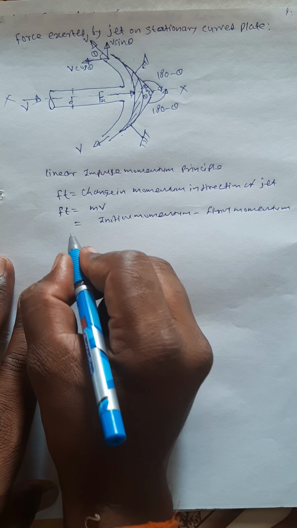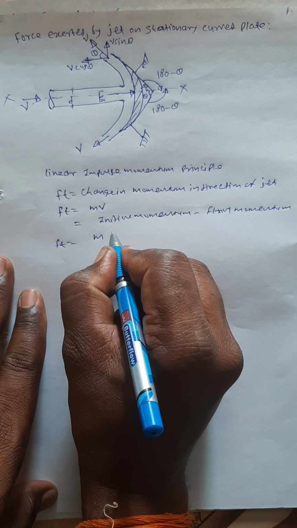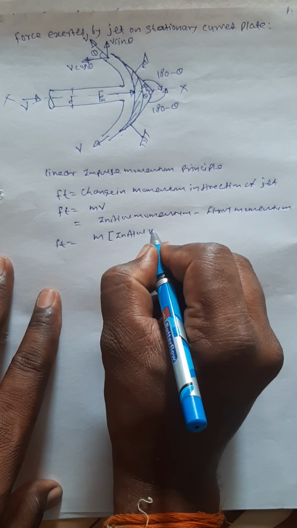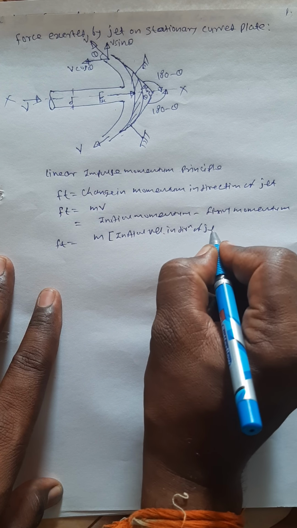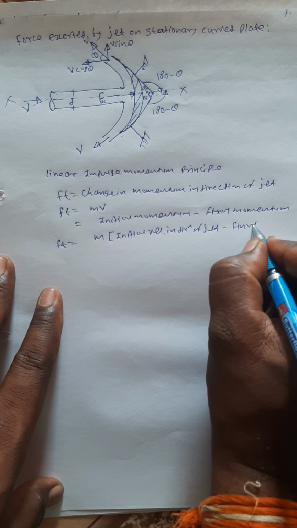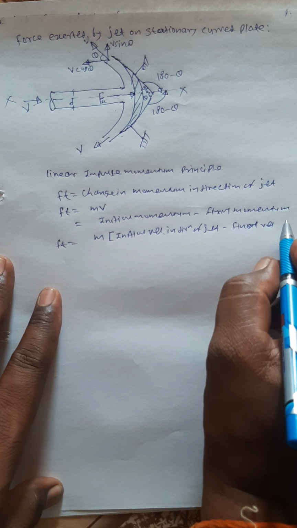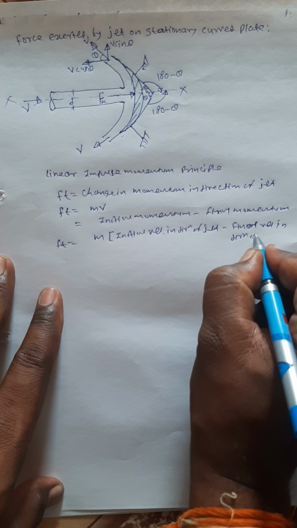Now rearranging terms once again, F into t is equal to mass into initial velocity in the direction of the jet minus final velocity in the direction of the jet.